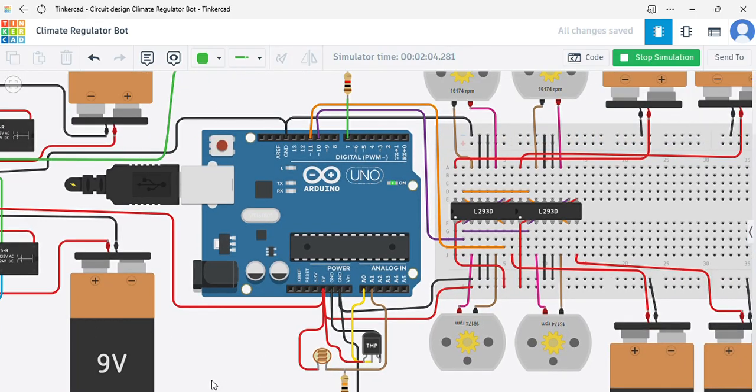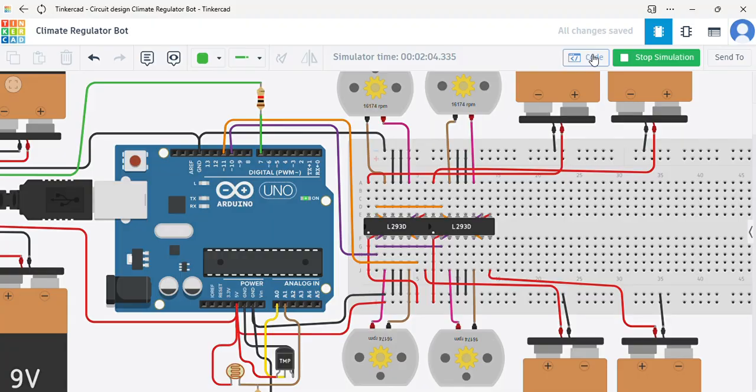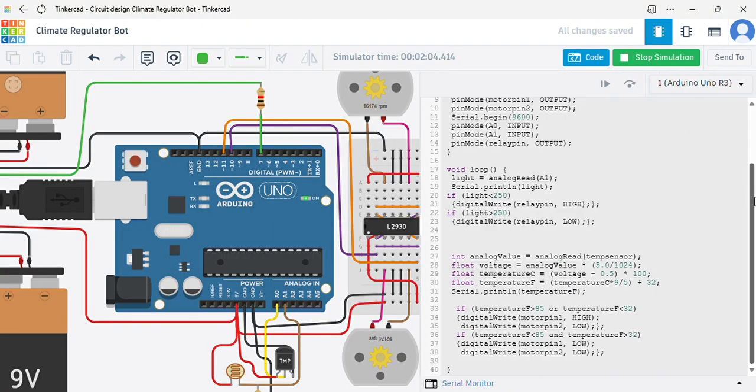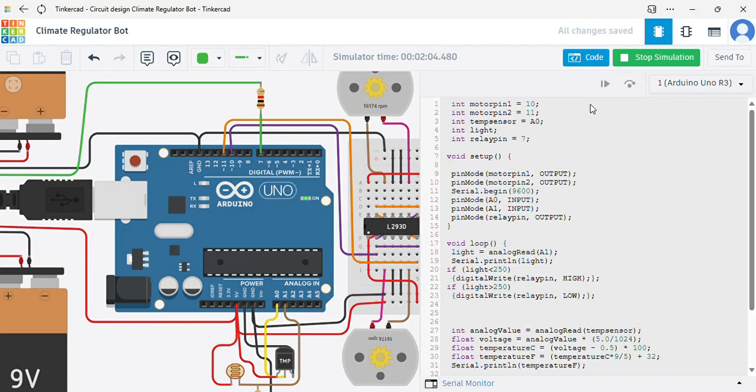So let's go over the code here. Here we're establishing our integers: motor pin 1, motor pin 2, temp sensor, integer light, integer relay pin 7. Void setup, setting up the inputs and outputs.